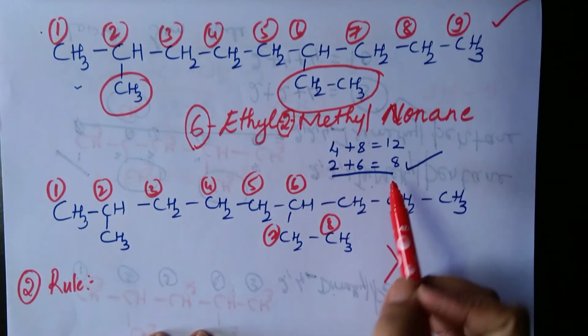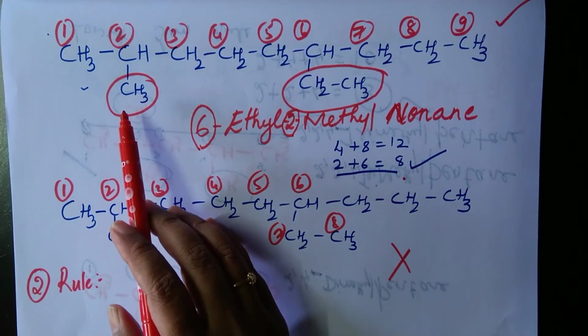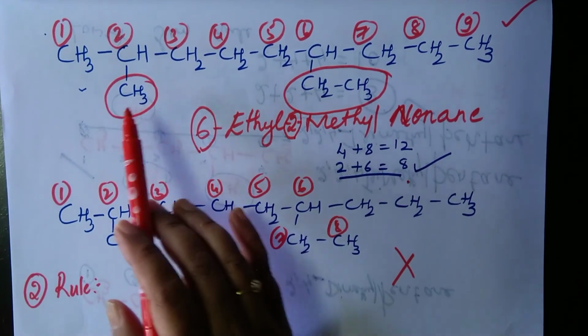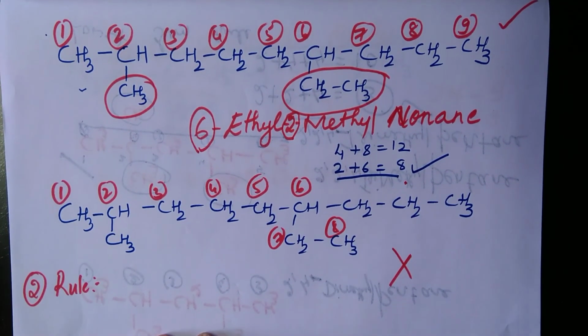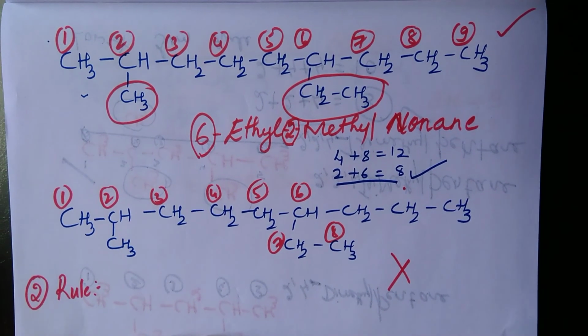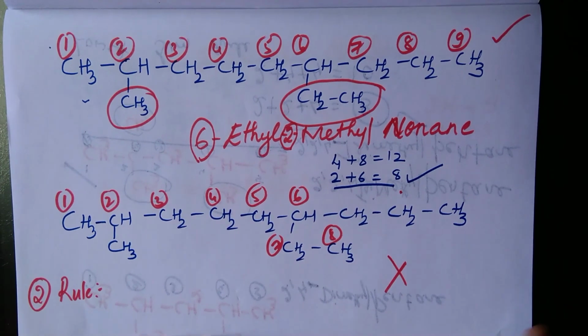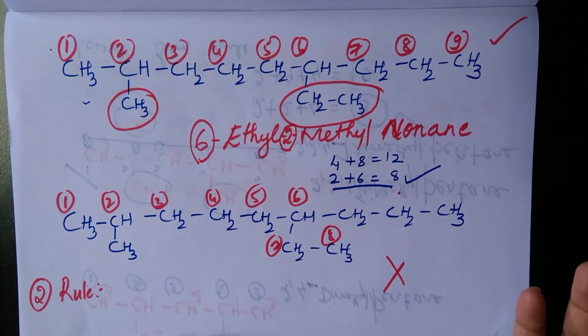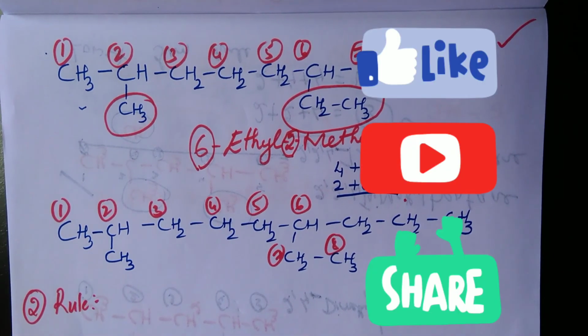While numbering, the lowest sum rule has been followed. Why? Because they are not placed equidistant. In the other example, they were placed equidistant, so we gave importance to the ethyl group. Hope you have understood. Solve these examples on your own by pausing the video. Solve all of these examples, and in the next video I shall take up organic compounds having functional groups. Thank you.